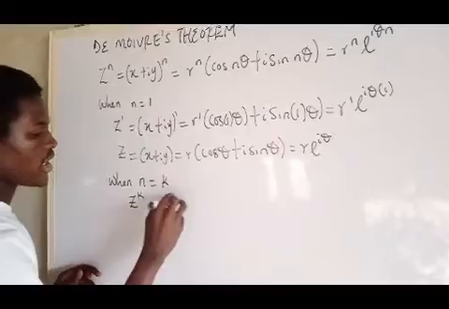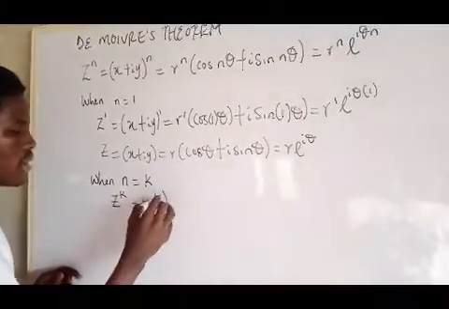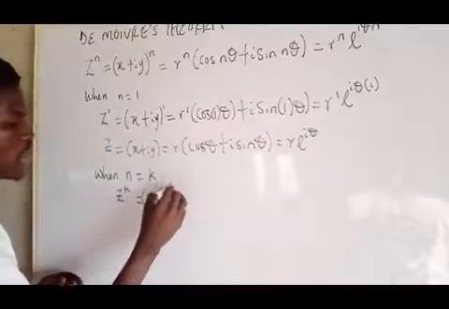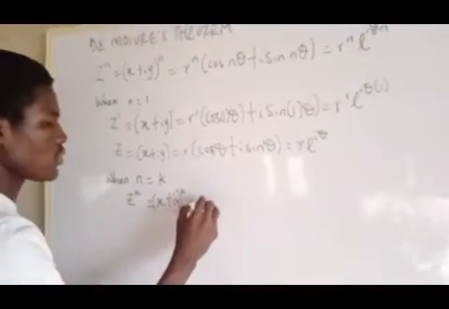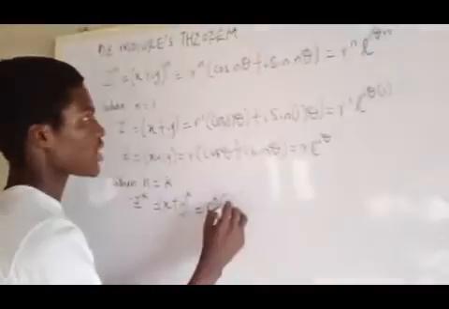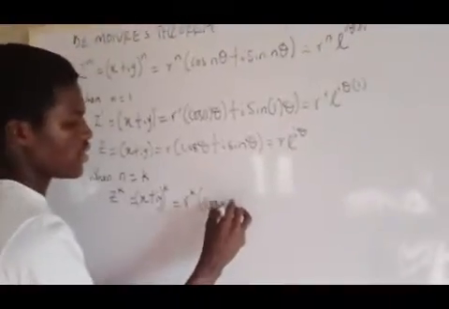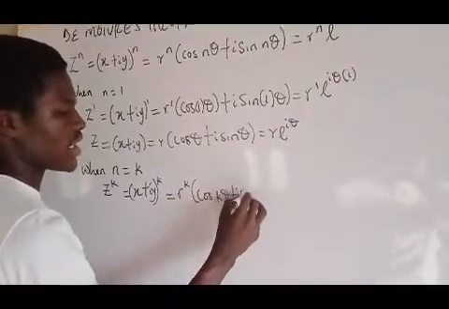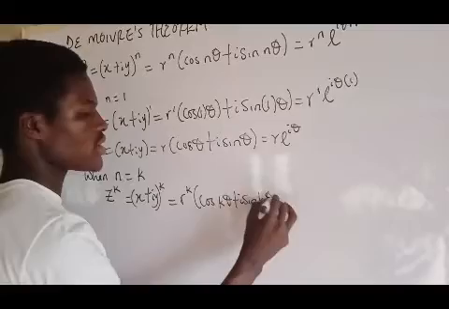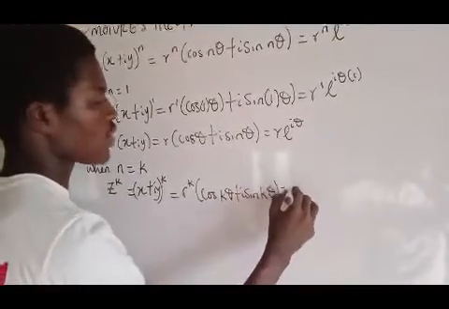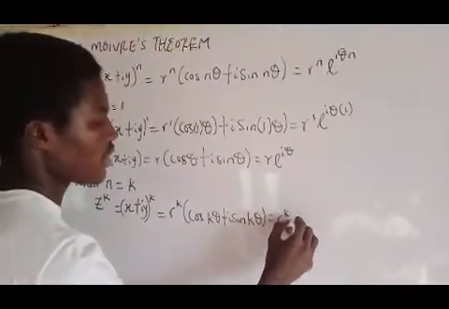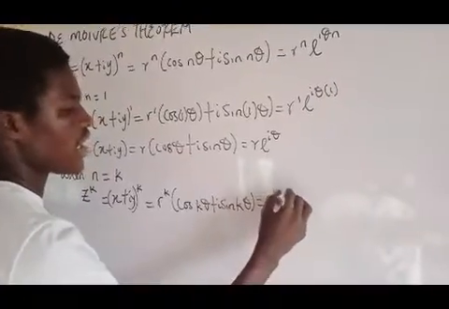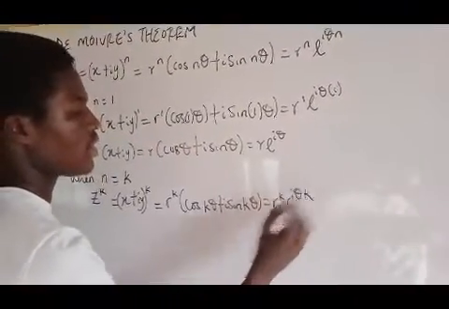So that will be z raised to power k equals (x + iy) raised to power k equals r raised to power k (cos kθ + i sin kθ) equals r raised to power k e^(ikθ). Do we get that now?